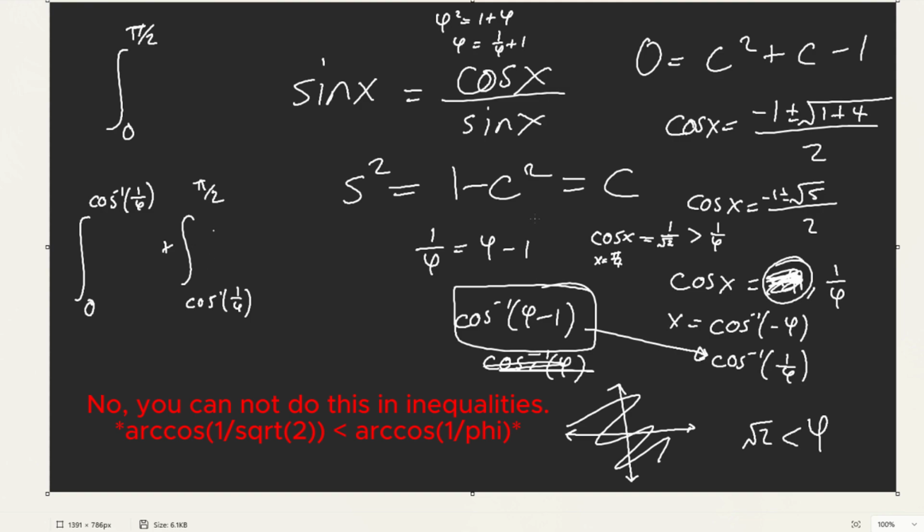Okay, so if we plug in pi over 4 here, pi over 4 is at this interval. This is 1 over root 2. The cotangent of pi over 4 is equal to 1, and sine of pi over 4 is equal to 1 over root 2.